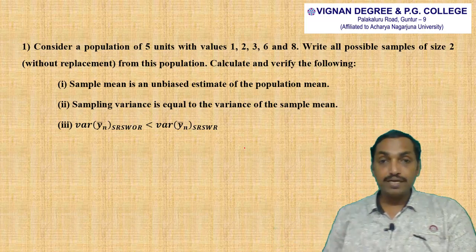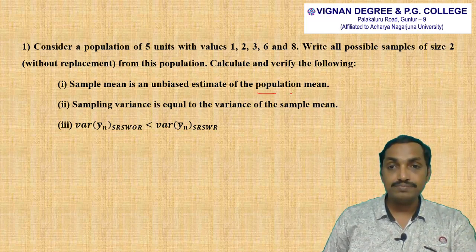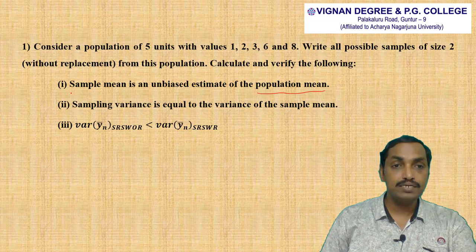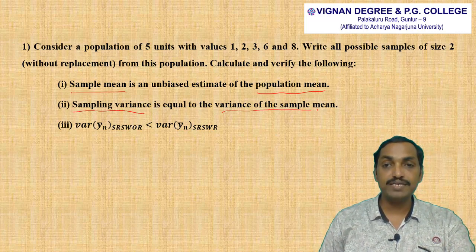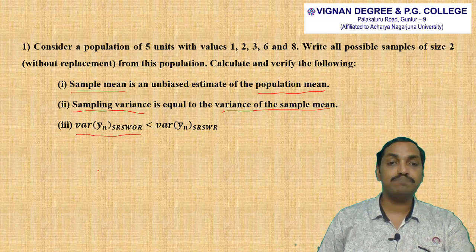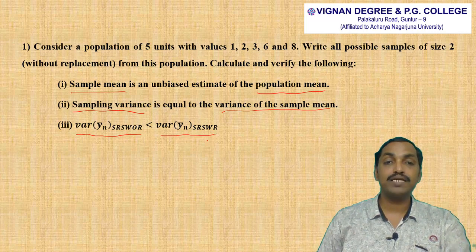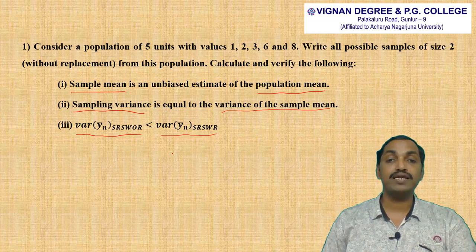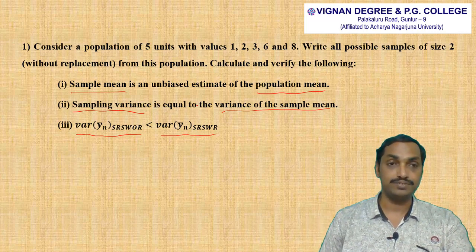So in this particular problem, we need to calculate the population mean and the sample mean, sampling variance and variance of the sample mean, variance of y n bar in simple random sampling without replacement, and variance of y n bar in simple random sampling with replacement. After calculating all these values, we need to verify this.